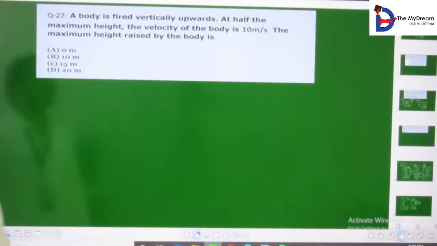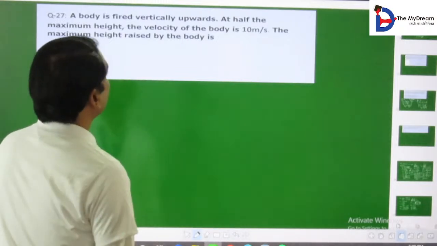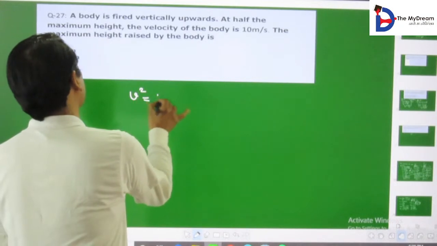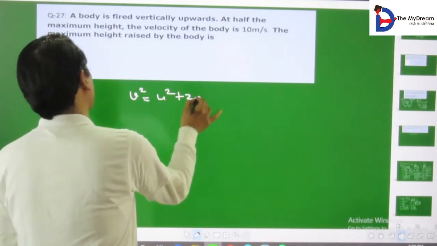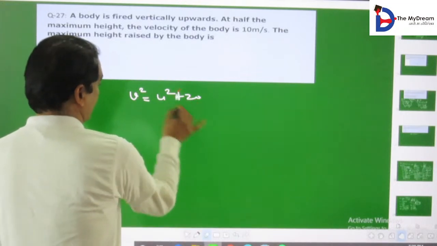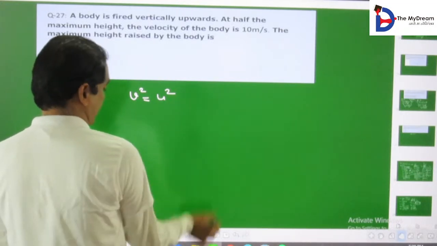A body is fired vertically upward. Vertically upward, you can take minus.